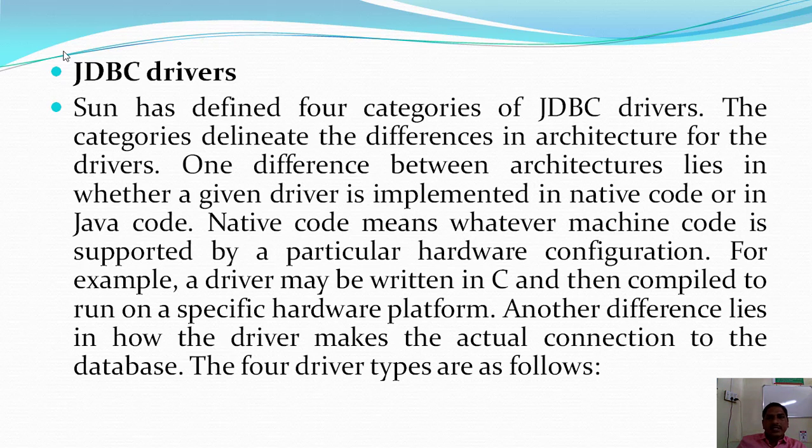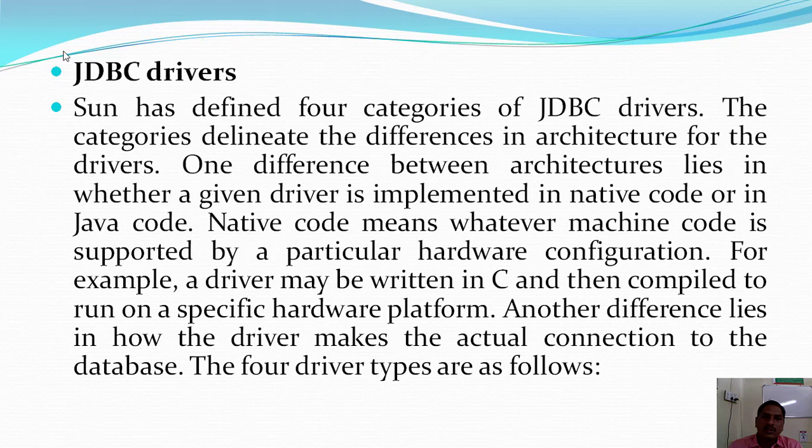Now JDBC drivers. Sun has defined 4 categories of JDBC drivers. The categories delineate the differences in architecture for the drivers. One difference between architectures lies in whether a given driver is implemented in native code or in Java code.